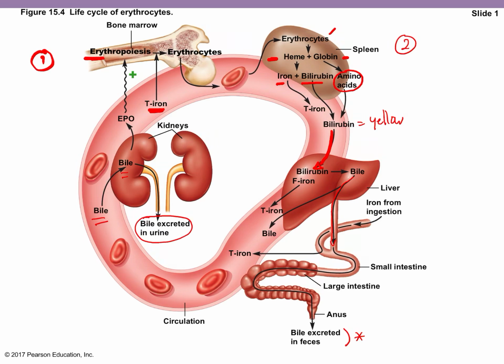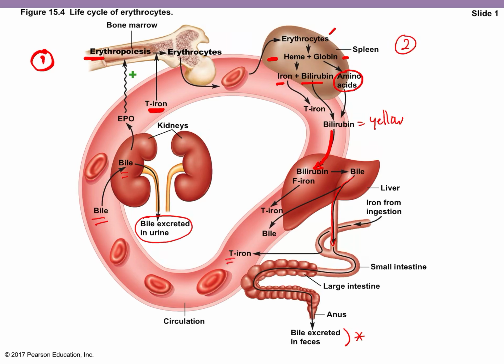All right, so what happens to iron? The iron is going to be recycled to make new hemoglobin, and it's transported in the blood, bound to a molecule called transferrin. So you can see the T here attached to iron. That's transferrin. And so it's transported in the blood, and it's picked up by the GI tract or the spleen, and it can go to the bone marrow.